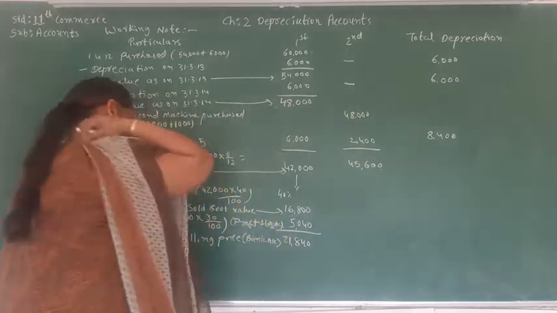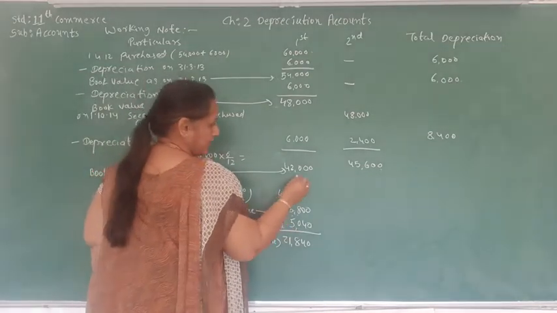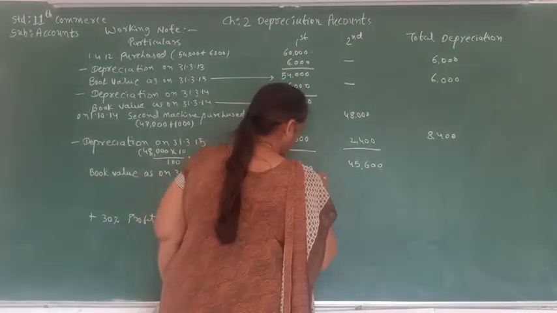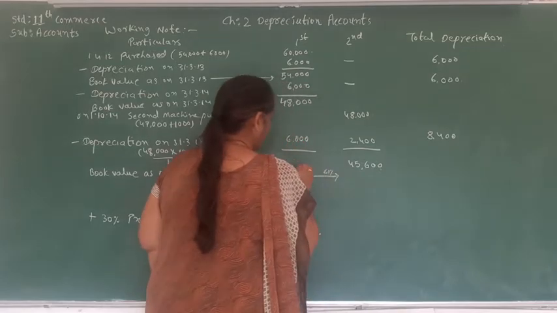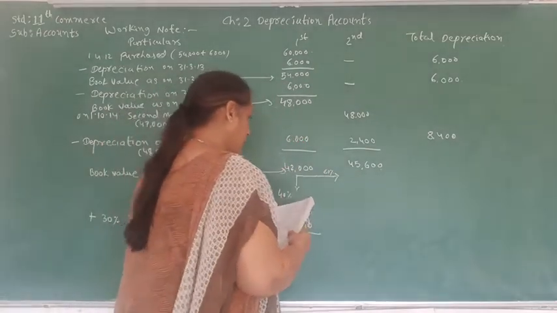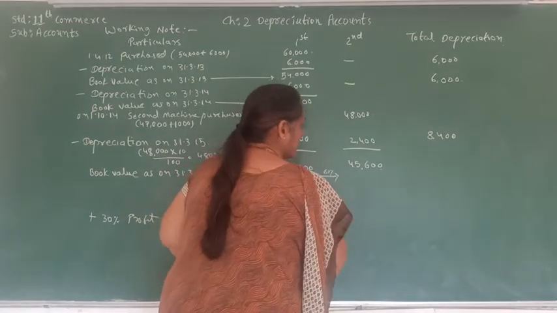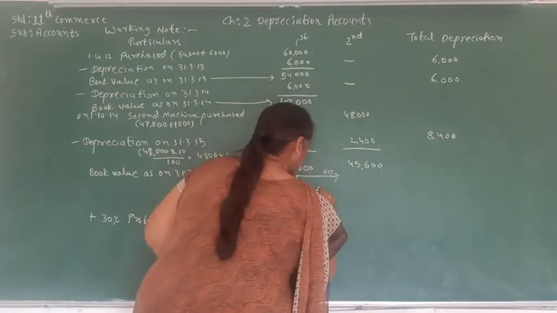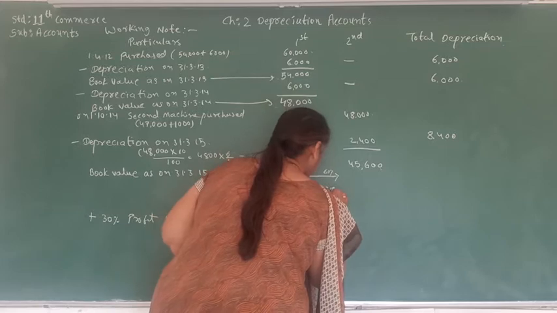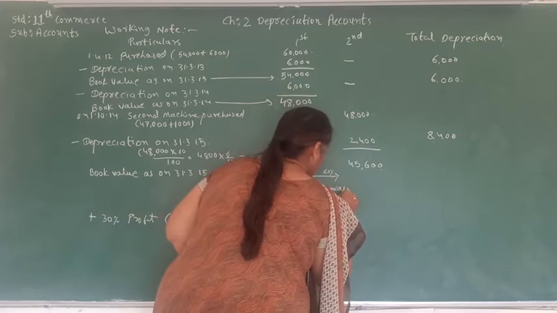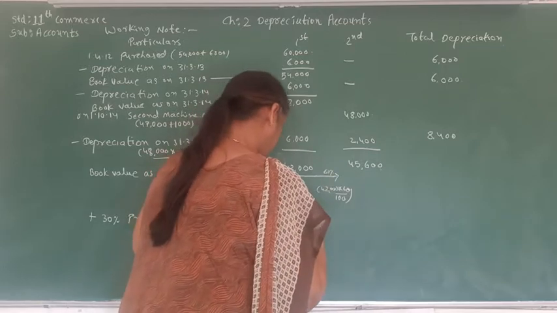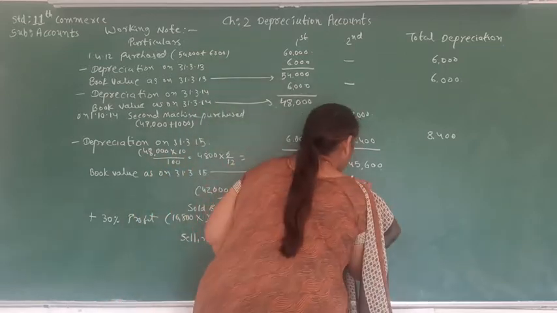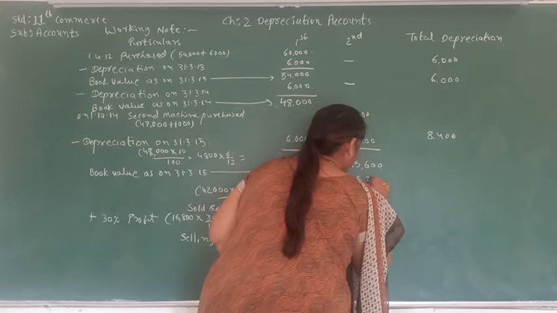And now let's calculate the 60% of this machine. So 60% of 42,000: 42,000 into 60 upon 100. So that 60% will be 25,200.